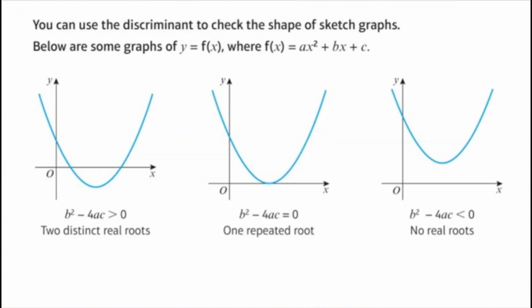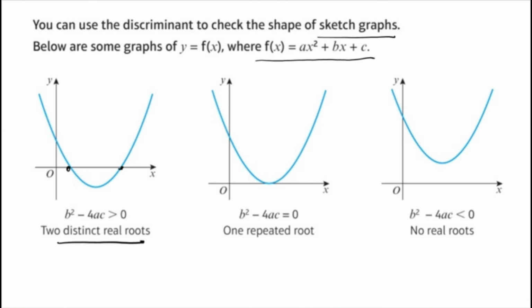Now, how can you put this on a graph? When you sketch a graph, this discriminant will help you. Suppose you have a function f(x) equal to ax squared plus bx plus c. If b squared minus 4ac is greater than 0, it has 2 roots, so it will intersect the x-axis at 2 points.